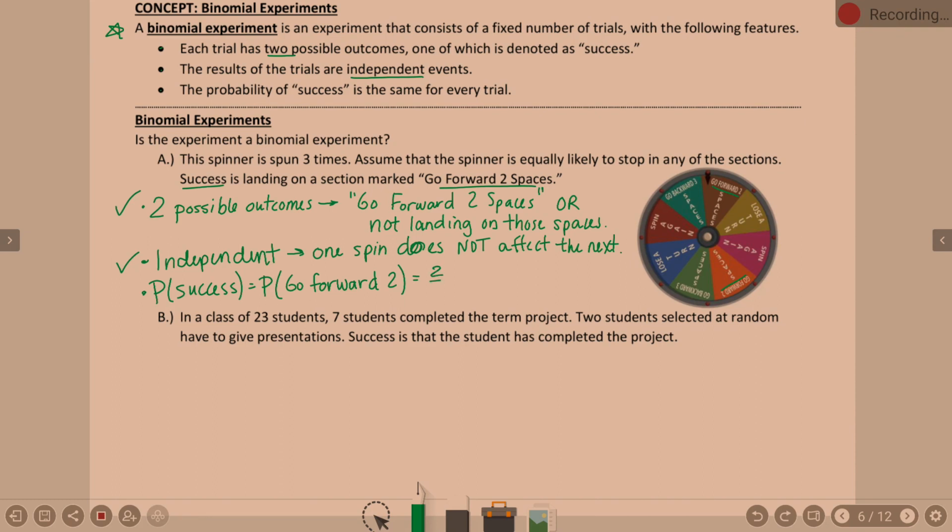Now, is it going to be the same the next time you spin the spinner? Yes. Kind of goes along with, is it independent? And so it's going to be 1/4 each time. So I can check that box. Does this meet all 3 criteria for a binomial experiment? Yes, it does. And so for this one, I can say, yes, it is a binomial experiment.